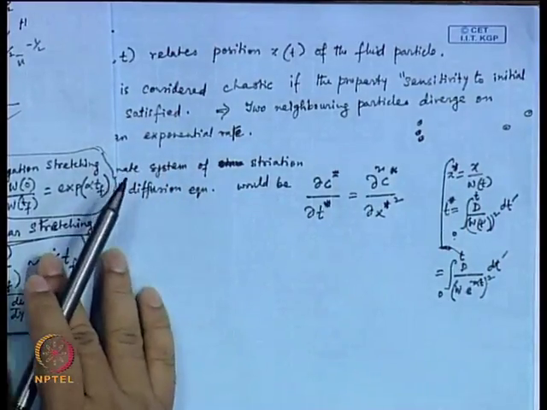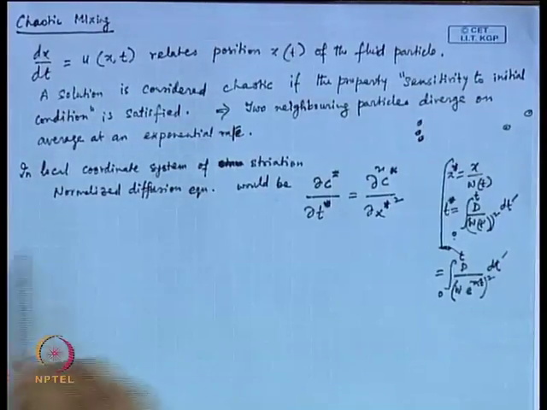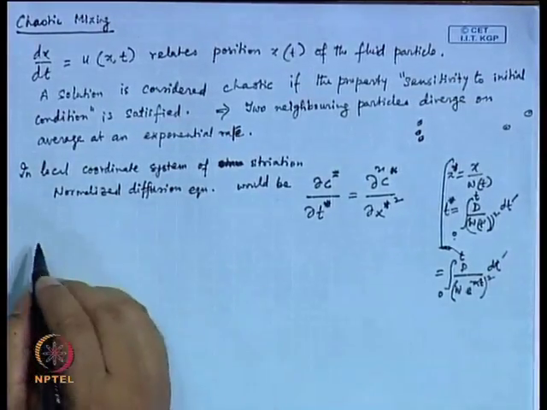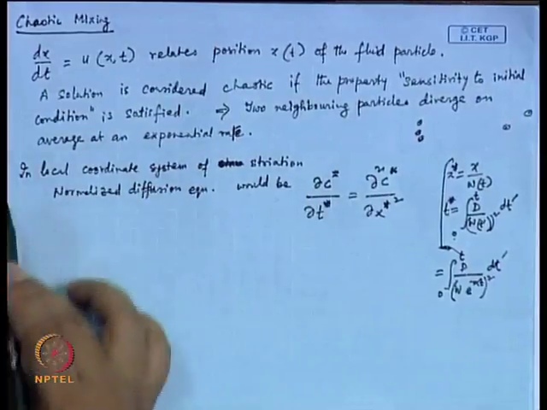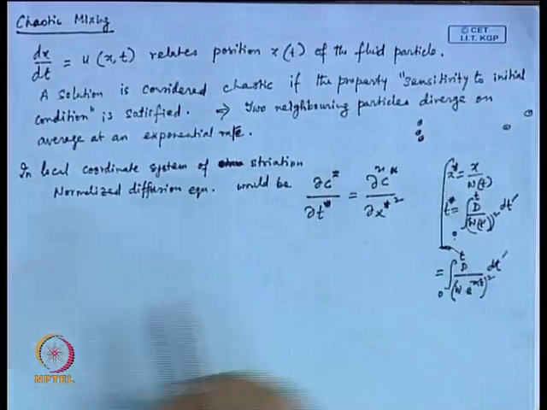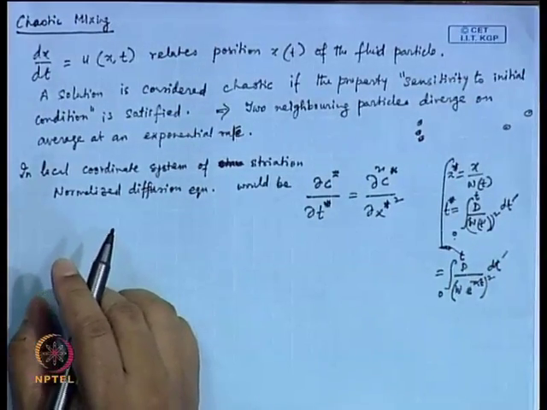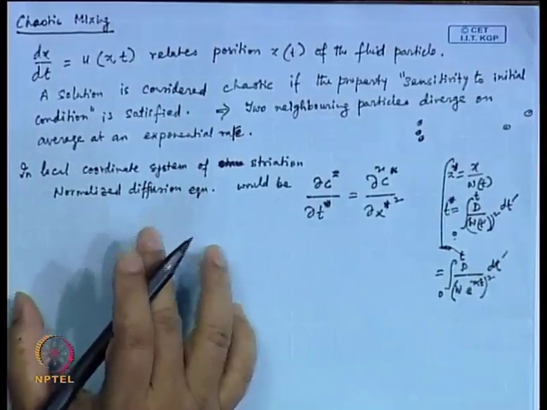Now, if you bring this whole thing into x t space, this is a Lagrangian space we are talking about. So, we have defined this x star.